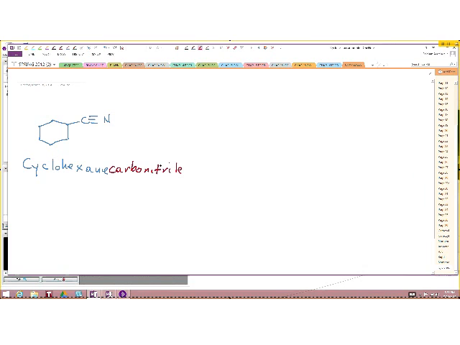So if we use that system, we could call the benzonitrile I gave you earlier benzene carbonitrile. But for this molecule, the name that we generally use is benzonitrile. So I will use benzonitrile.